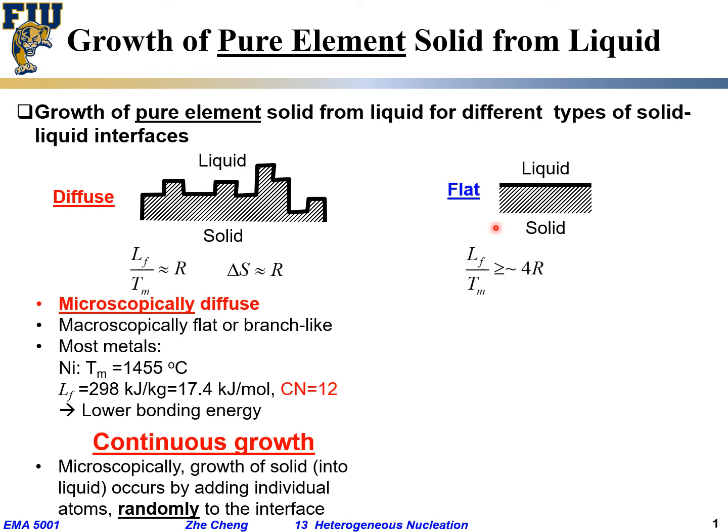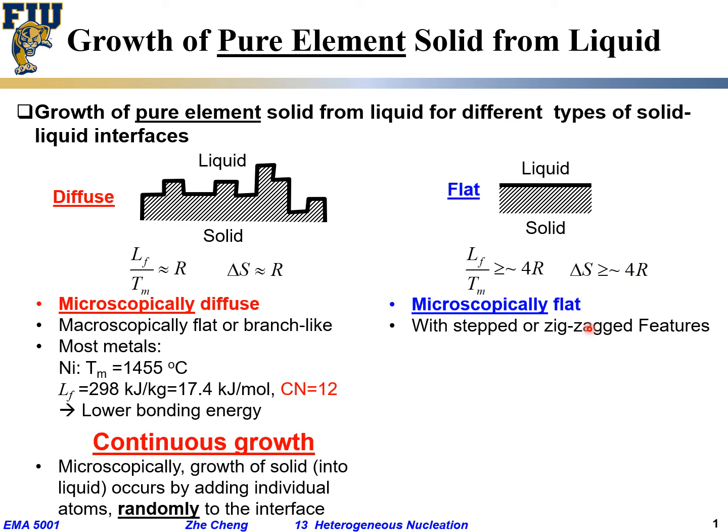And these types of interface occur for material that satisfies this relationship: the latent heat divided by the melting temperature is roughly on the order of 4 times the gas constant. I'll put it another way: the entropy change, delta S, is much larger, 4R. Okay?